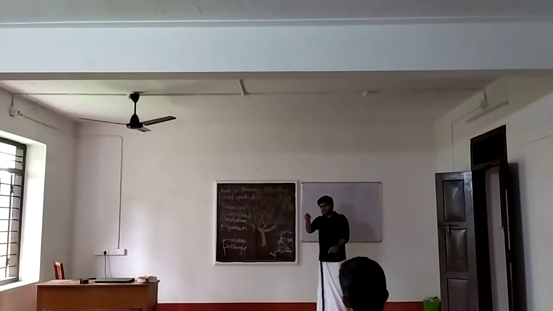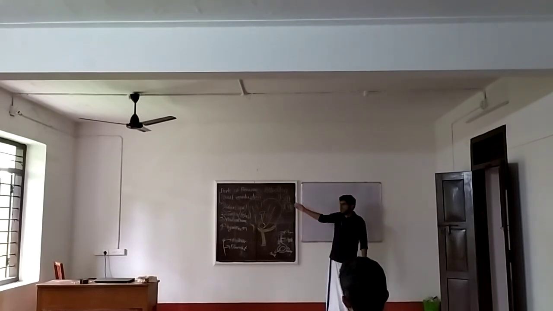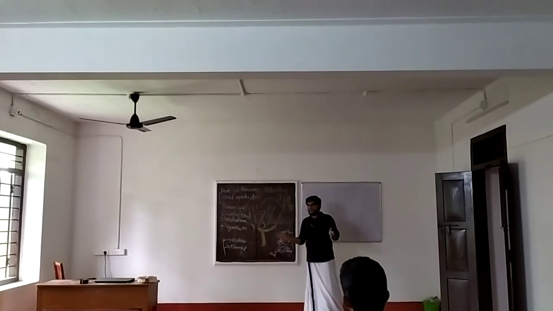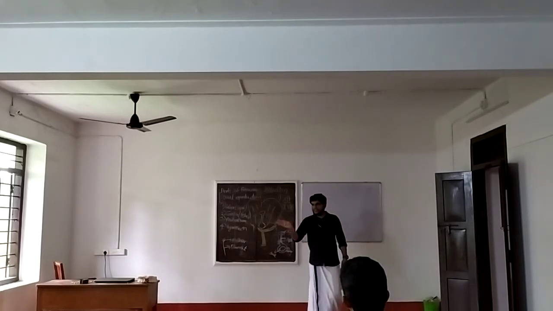Okay. Good. So I think you got the overview of what happens in pollination and also the morphology of a flower. We will study and research more about it based on your textbooks.